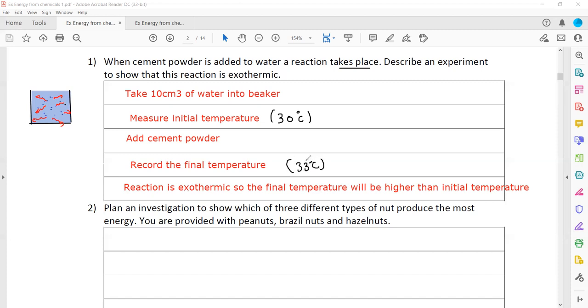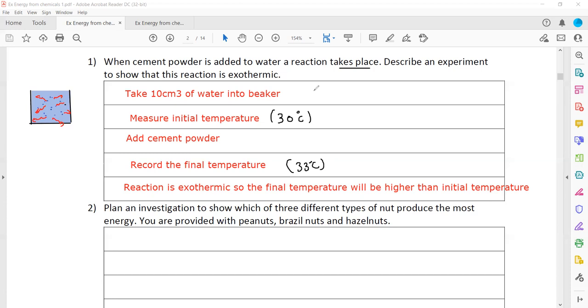So if the final temperature is higher than the initial temperature, this simple experiment proved that addition of cement powder to water is an exothermic change, or energy is released or given out. Is this example, the first experiment, clear? Anyone having a doubt?